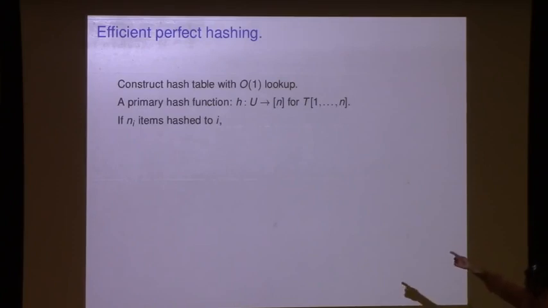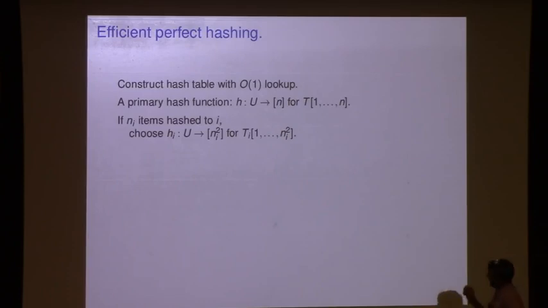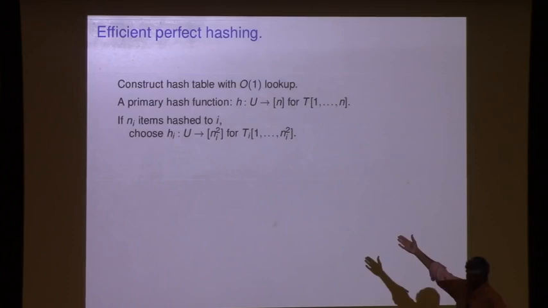So let's say n sub i is the number of items hashed to i. Like a lot of zeros will be here, right? There'll be a bunch of table entries that will have zeros, but some will have a large n sub i. So now what we do is we choose a hash function that maps the universe to n_i squared elements, right? That's what we did on the previous slide, the super inefficient thing.